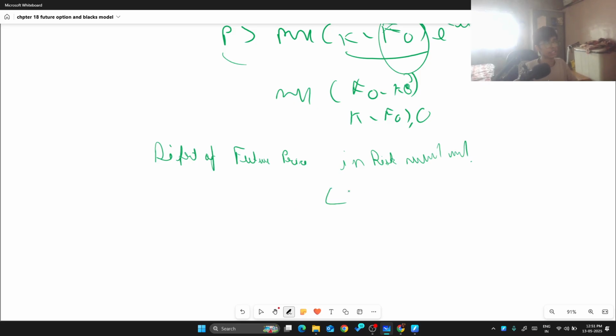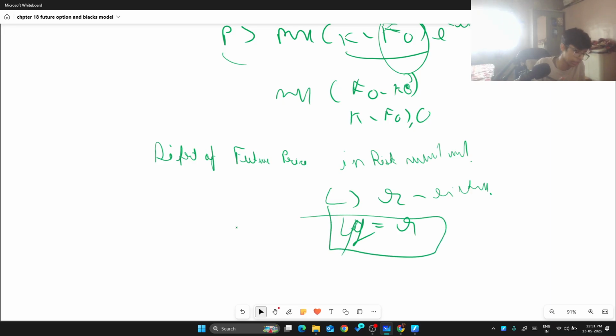In the risk neutral world, all the returns are at the risk free rate, right? So we all know that q equals r, the dividend, or mu equals r. That's the risk free rate.